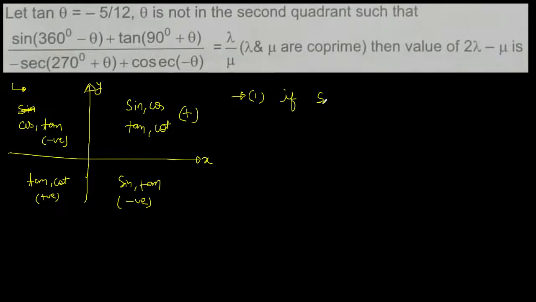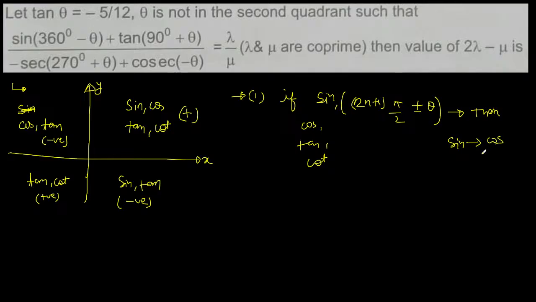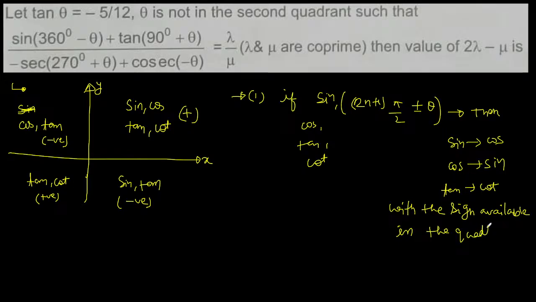if sine, cos, tan, cot are in 2n plus 1 pi by 2 plus minus theta, then sine will convert into cos, cos will convert into sine, tan will convert into cot, with the sign available in the quadrant.